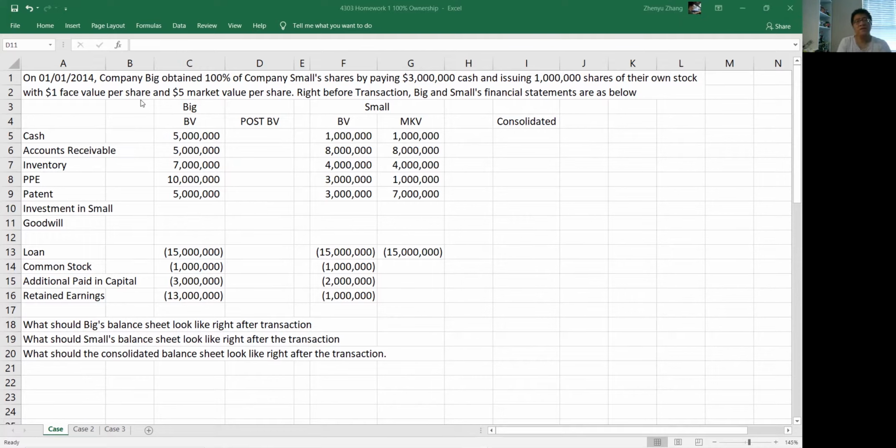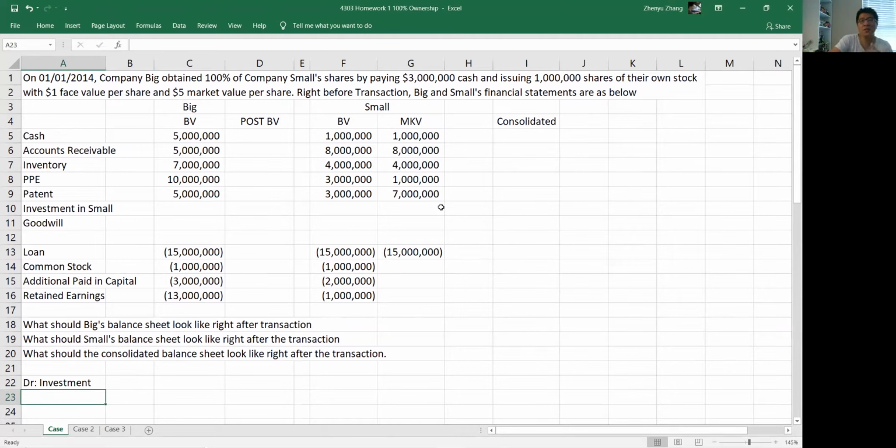So here, if we read it, we know that on the first day of 2014, Big obtained 100% of company Small's shares. So Big got an investment. I'll write the answer here. So debit, for Big, Investment. And what did Big do together?